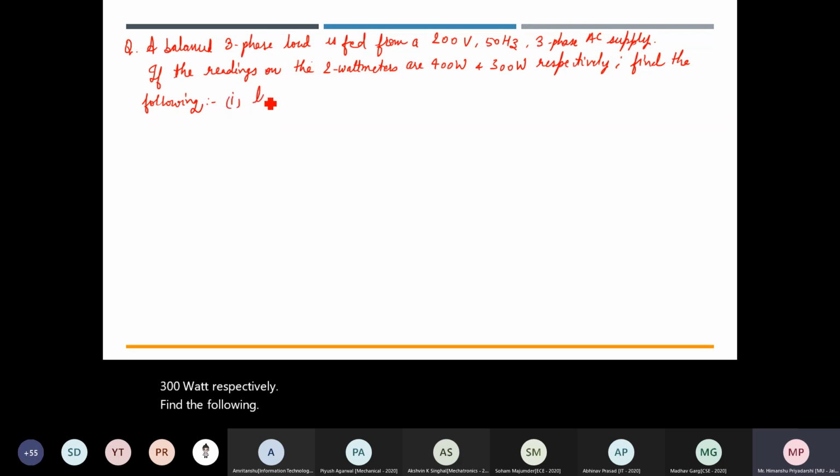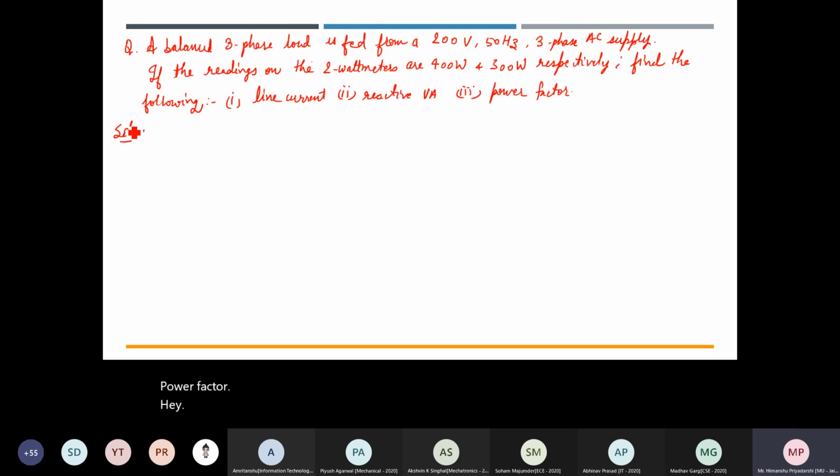Number 1, line current. Number 2, reactive volt ampere. Number 3, power factor.